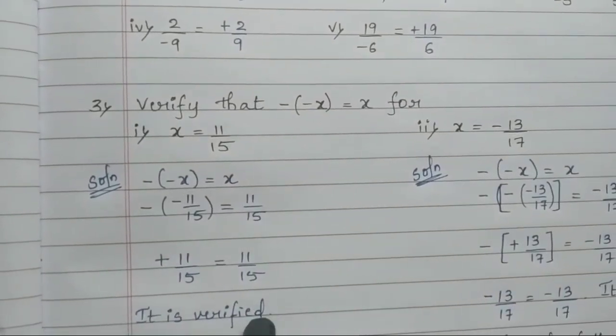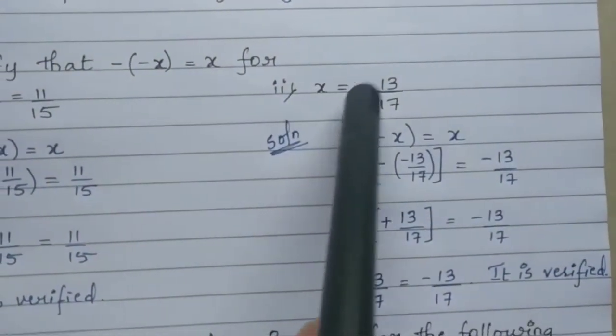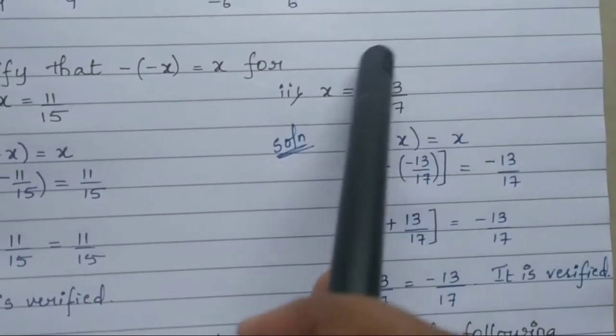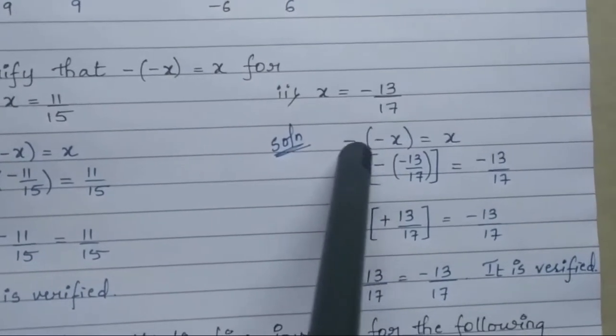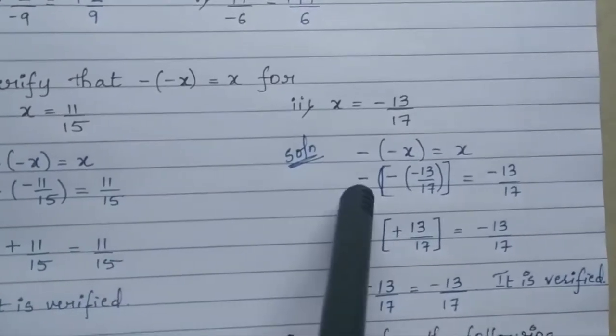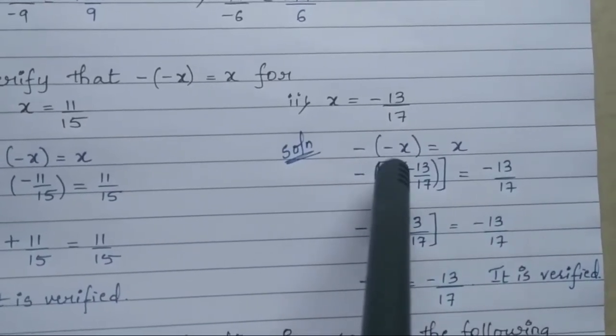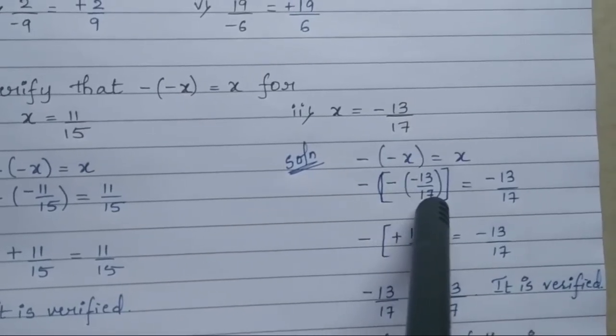As you can see, for the second one, x is equal to minus 13 by 17. We have to substitute the value of x as minus 13 by 17. This is the formula they have already given in the question. So minus as it is. What is our x? x is minus 13 by 17.